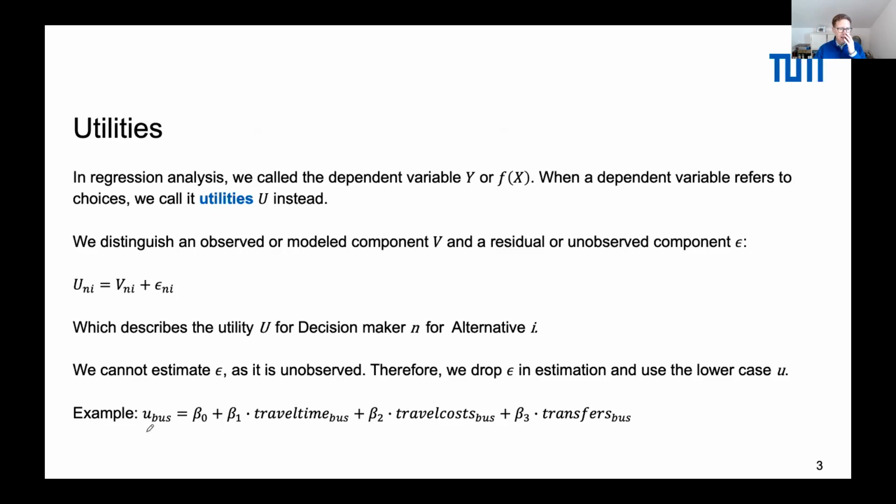So we express the utility of bus as some constant plus beta 1 times travel time plus beta 2 times travel cost plus beta 3 times transfers. And I guess I should add plus dot dot dot, because you can add a lot more components here if you have the data and if they're relevant for this particular choice.